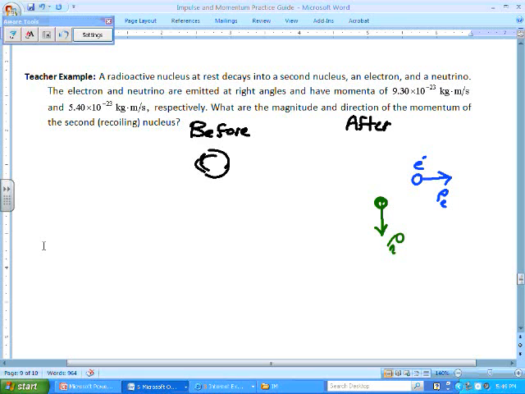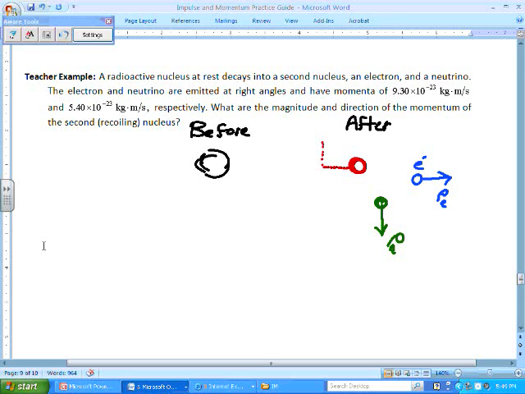Lastly, you're going to have a remaining nuclei. Now this thing, it's got to compensate for the fact that we had 0 total momentum in the x direction and 0 total momentum in the y direction. So it's going to have to counterbalance what the electron did by providing some x momentum, and then also going to have to counterbalance what the neutrino does in the y direction.